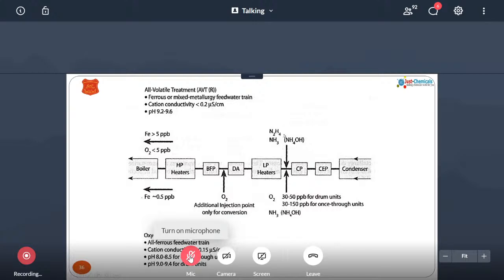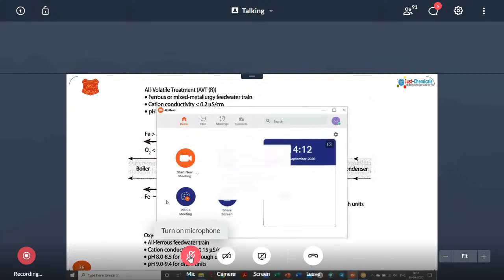Earlier, here we were dosing ammonia and hydrazine. Now, after the deaerator, we are again adding some oxygen, because if the deaerator vent is open, it may remove some of the oxygen. Then we need to add a little bit more oxygen. Earlier, the iron was maintained at more than 5 ppb. Now it is 0.5 ppb. So the corrosion has reduced a lot in the system.